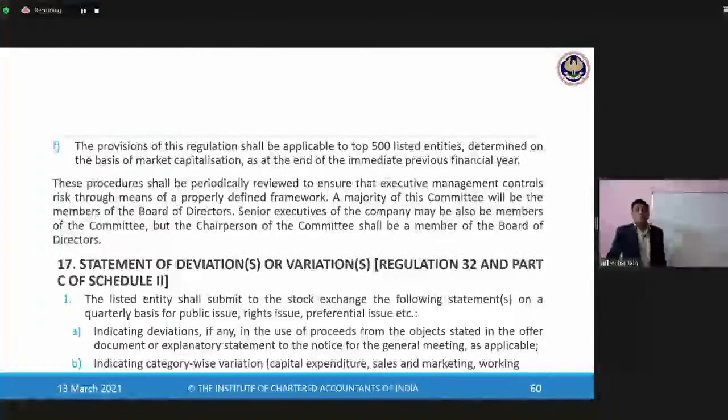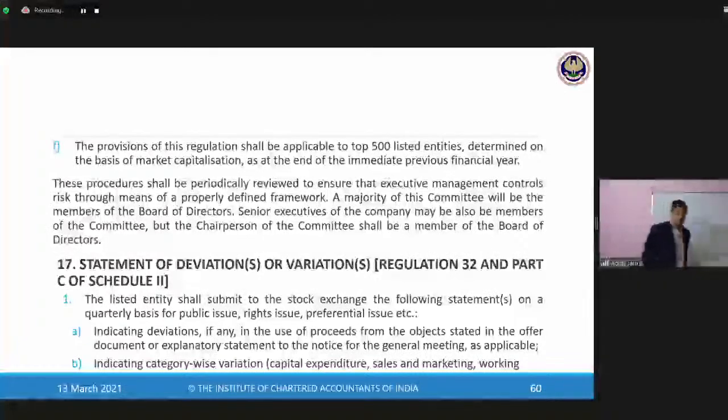And what would this cover? It will indicate deviations, if any, in the use of proceeds from the objects which were stated in the offer document or explanatory statement to the notice for the general meeting, as applicable, indicating category-wise variation.